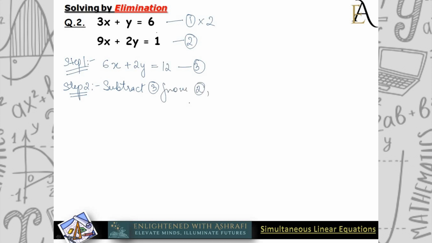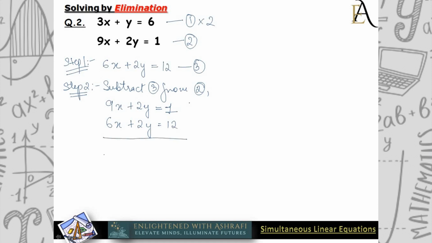Now see, we won't take equation 1 because we have converted it into equation 3. We are going to use equation number 2. So let's rearrange it. Let's write it again. So it will become 9x plus 2y is equal to 1. 6x plus 2y equals to 12.